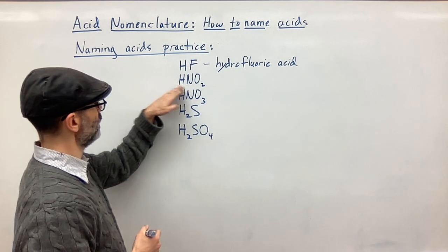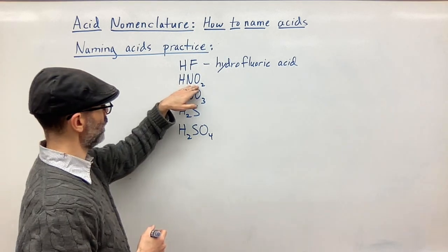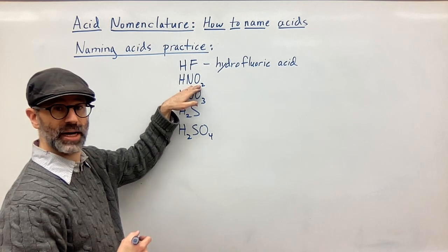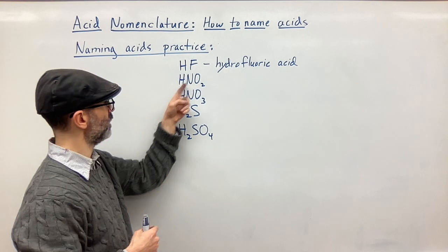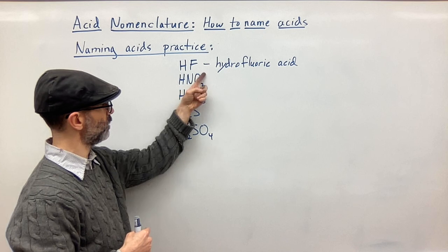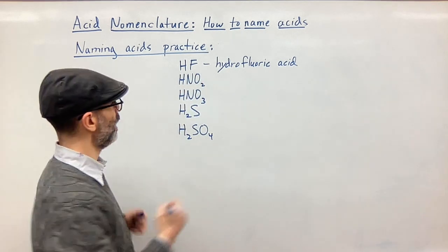The next one is an oxy acid. It has oxygen in it, so we're going to identify NO2 as the polyatomic ion. So NO2 minus 1, we know there's a -1 because it's got 1 hydrogen, so that's going to be a negative. So NO2 negative is your nitrite ion.